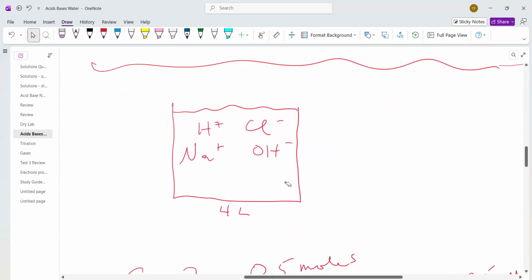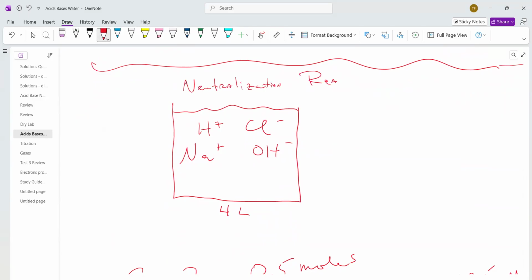What if we had a strong acid and a strong base, dump them together? Okay, I already mentioned that's going to be a neutralization reaction.